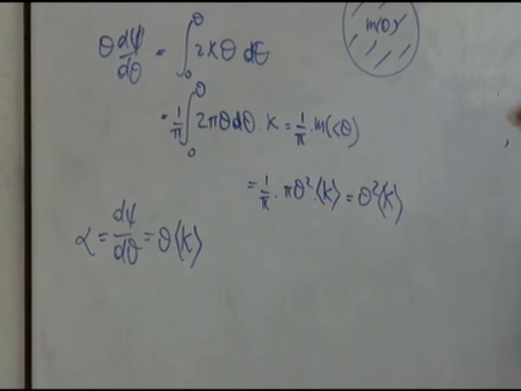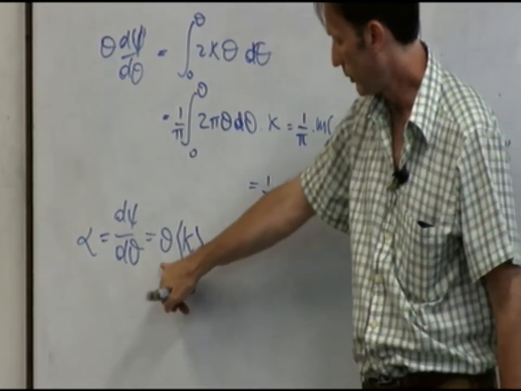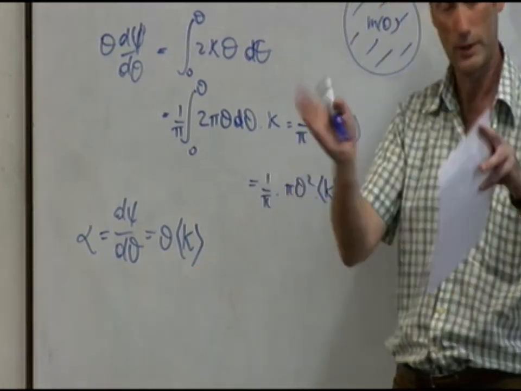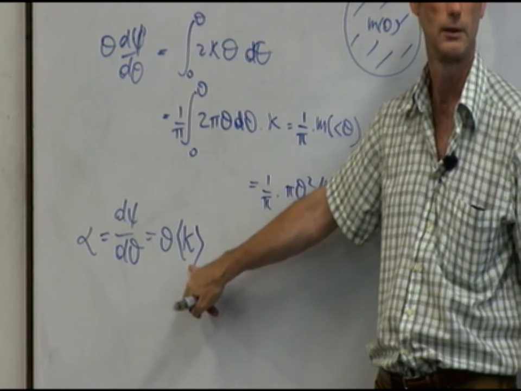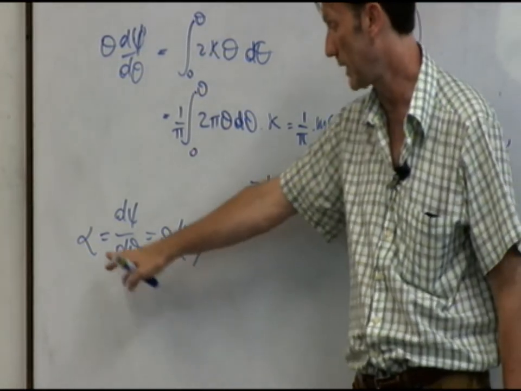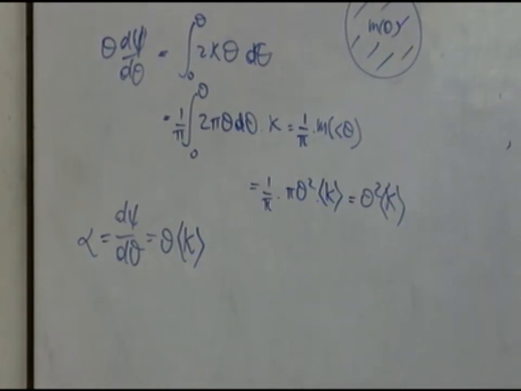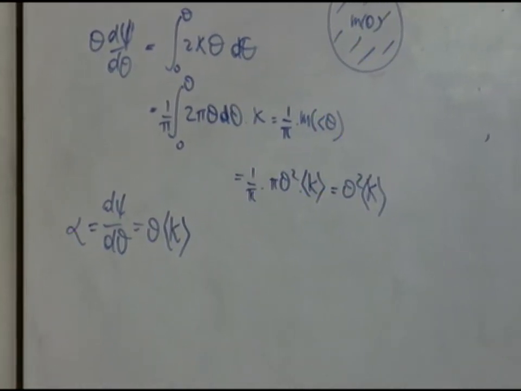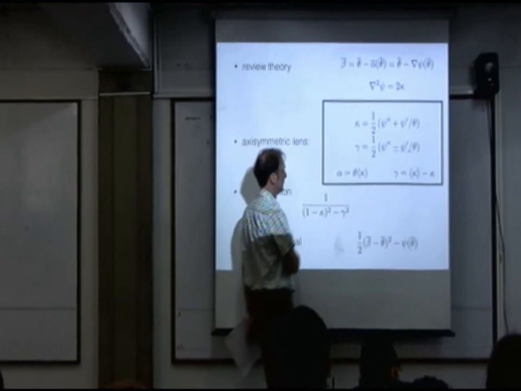What this tells you is that for axisymmetric lenses, the bending angle that you get is simply the product of the size of the disk at which you're measuring the bending angle times the average surface mass density within the radius. So this shows again that you're really measuring masses directly if you can measure them. So that's this result here. This is only valid for axisymmetric lenses.